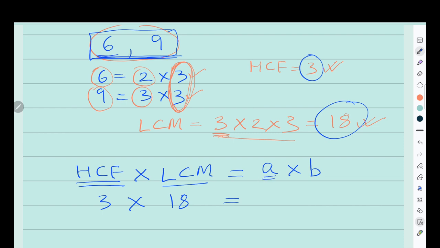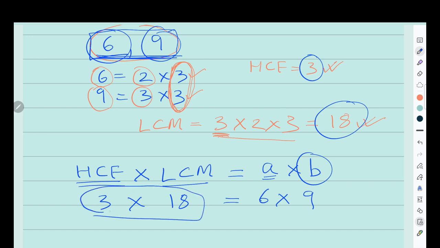The number A is 6 and the number B is 9. Is it true? 3 multiplied by 18 is 54, and 6 multiplied by 9 is also 54. So in a way it's correct, isn't it?